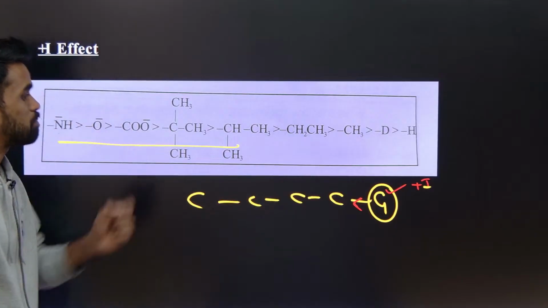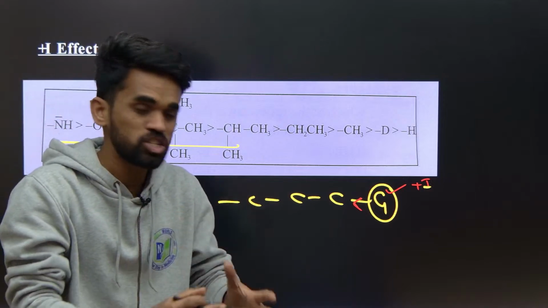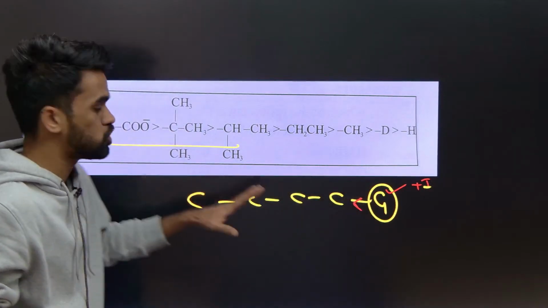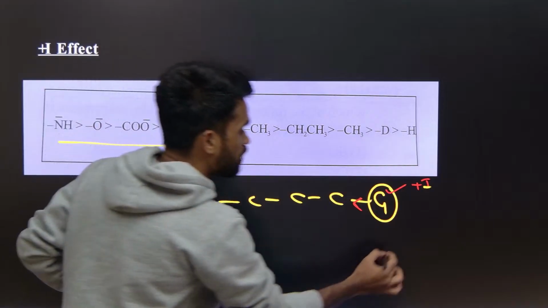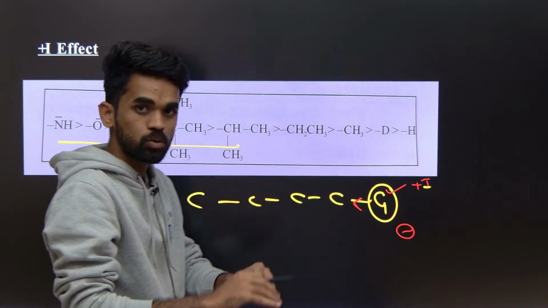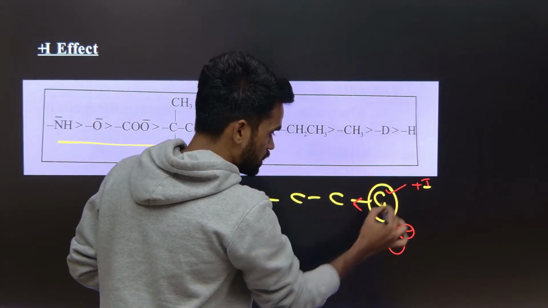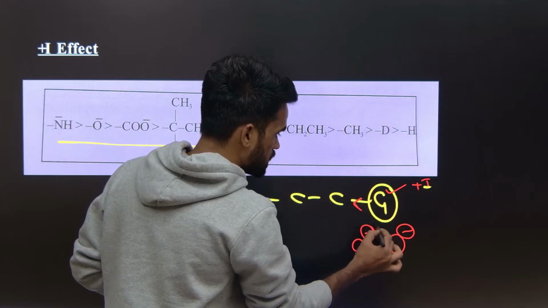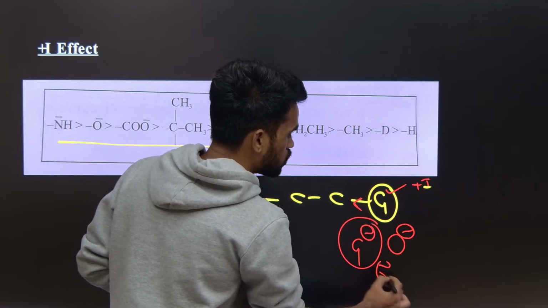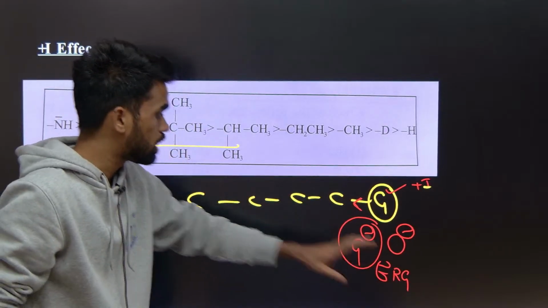So what are the plus I groups we have? The group may be any species having more electron density on it, whether it is electronegative or electropositive. If group G has a negative charge on it, it acts as an electron releasing group.